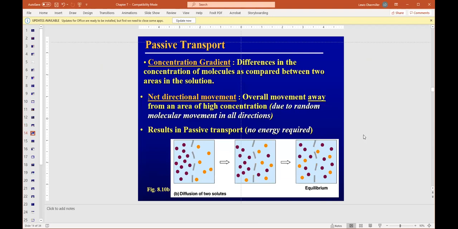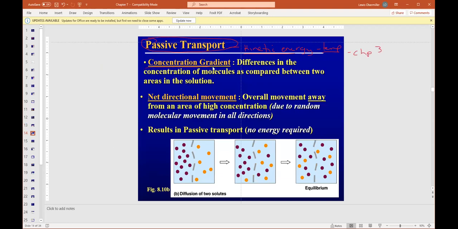All right, so we call this passive because the energy is already in the system. The kinetic energy of temperature is already in the system. As long as there's temperature, there's going to be kinetic energy, because we defined this in chapter 3.